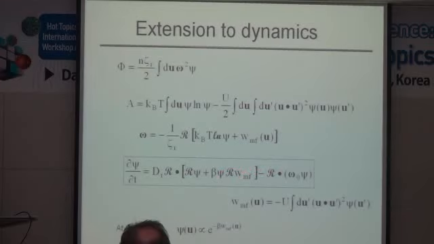If there is no external field, if omega naught is 0, and the system is at equilibrium, this is the equilibrium solution given by the Maier-Saupe theory. So this is a very natural extension of the Maier-Saupe theory to the dynamics.